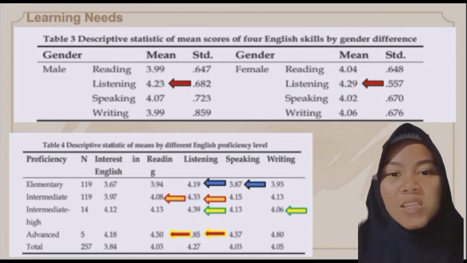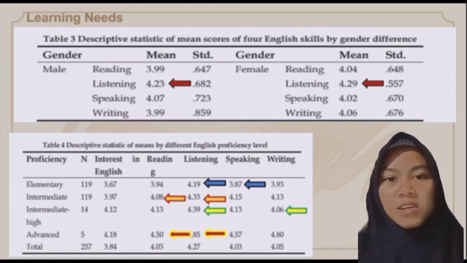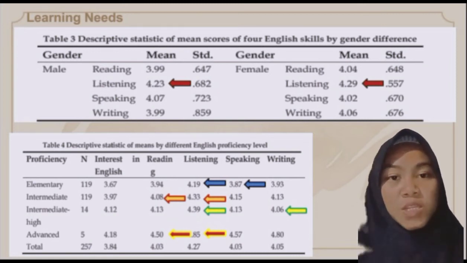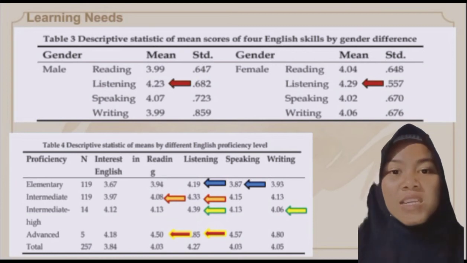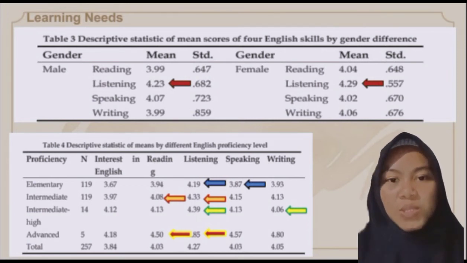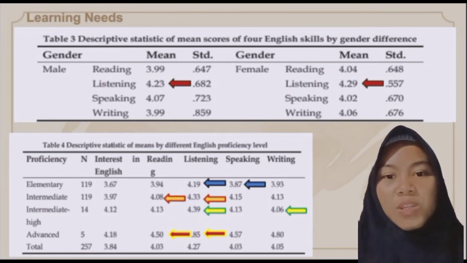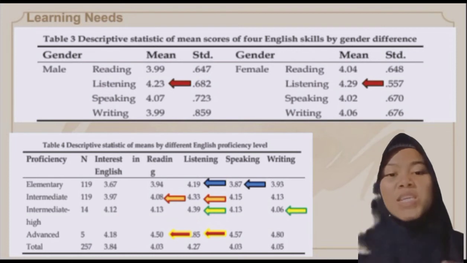So both tables show the learning needs of the participants, or of the students. The students need listening skills, because the listening skill has the higher score. So the listening skill is very important to the participants, or to the students.